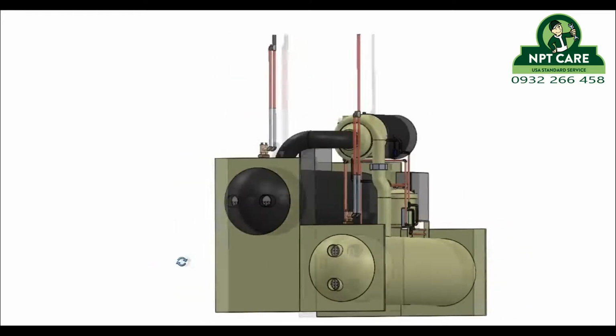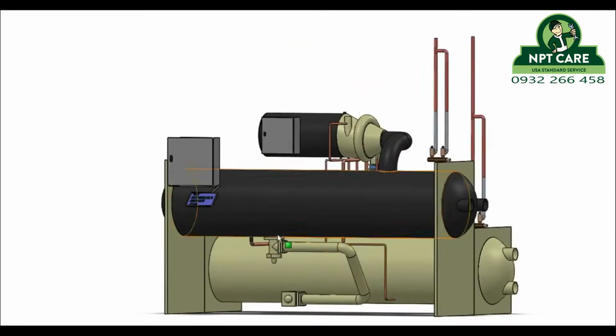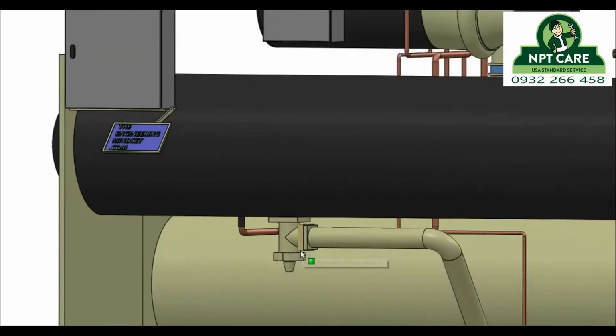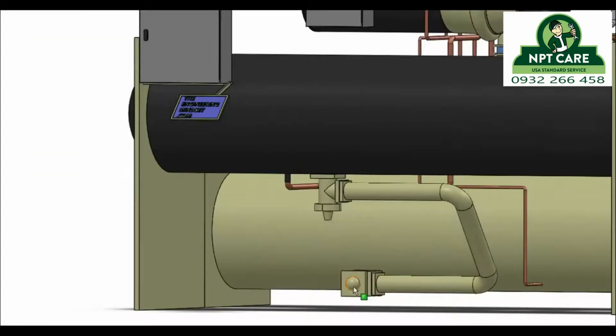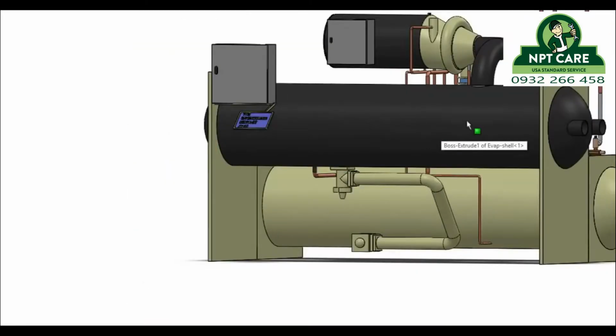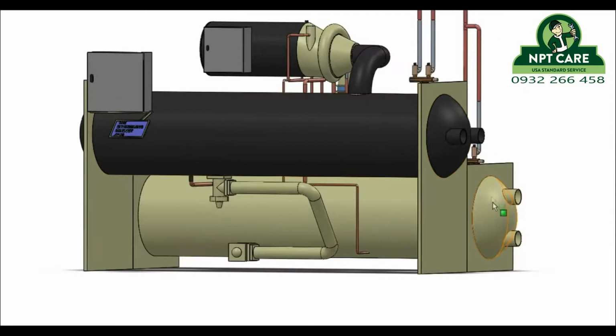And if we turn the chiller around a bit, then we'll see here we've got the expansion valve, just located on the bottom there, and that's so the refrigerant can leave the condenser and then enter into the evaporator. The evaporator again is another large cylinder, very similar design to the condenser.